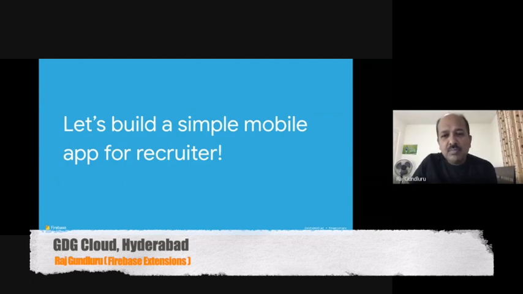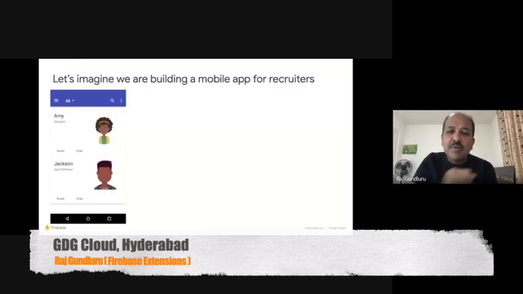Imagine that in any simple app, what do we need? First, our recruiter wants to see the list of profiles like any other job site. As you can see, each of these screens has a thumbnail image of the candidate, the name and other details, plus a couple of action items like email and chat.